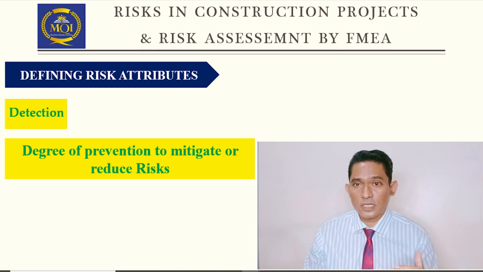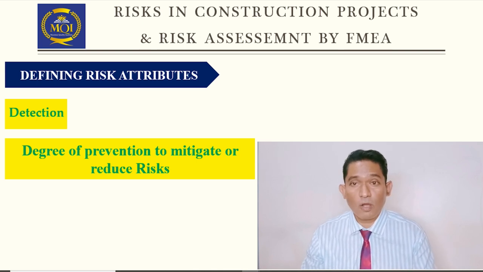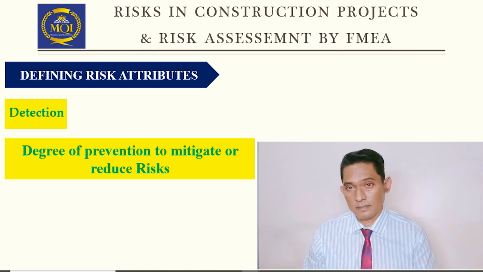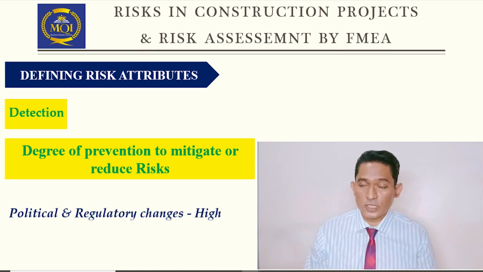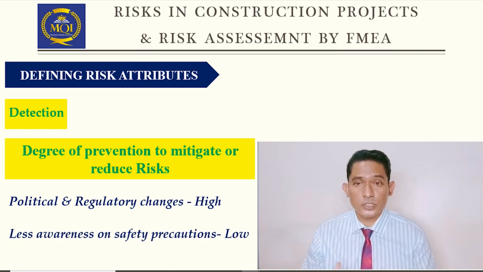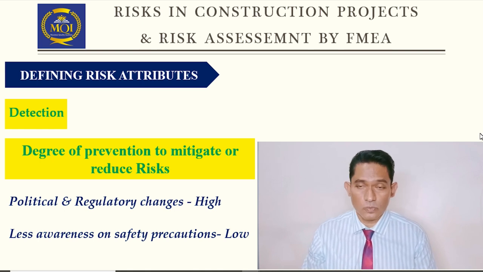If the detection level is very low, it means the occurrence of the risk can increase, and its value will be high. For example, in my research, for risks like political and regulatory changes, if they occur, the detection value will be low.